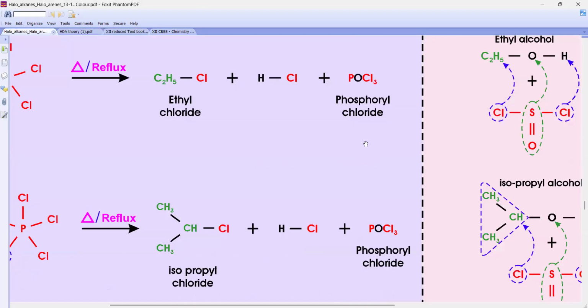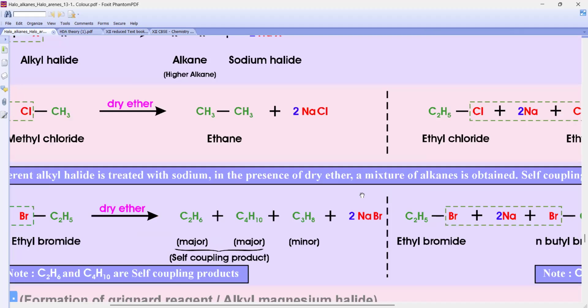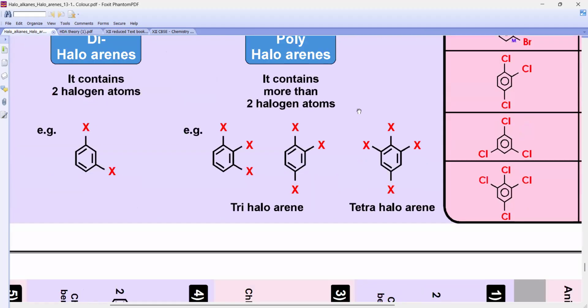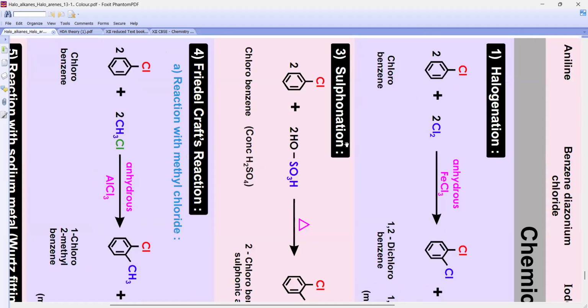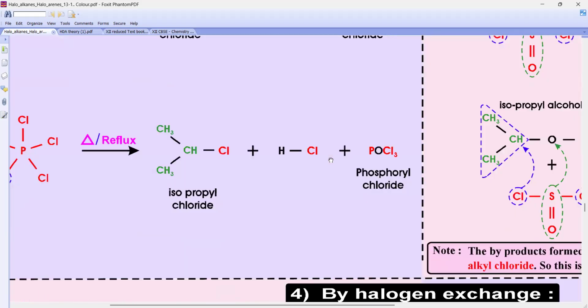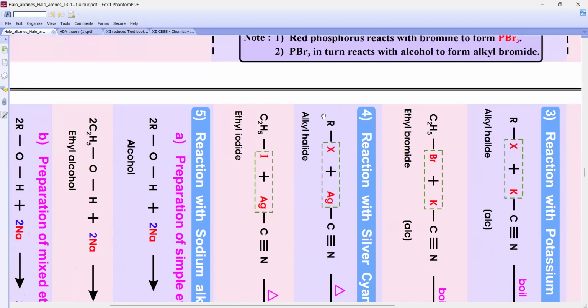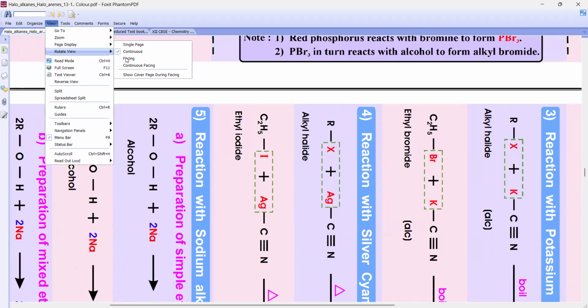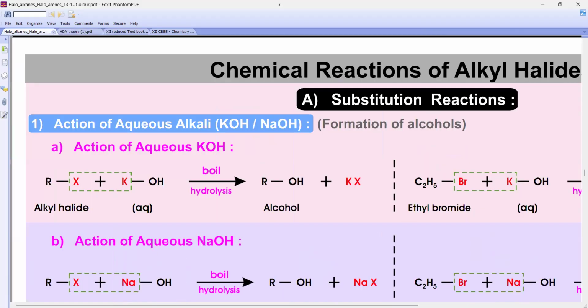Now I told you one thing today. What I told you, beta. Hey Ryan, beta, tell me. If a functional group is replaced by another functional group, then it is which reaction?